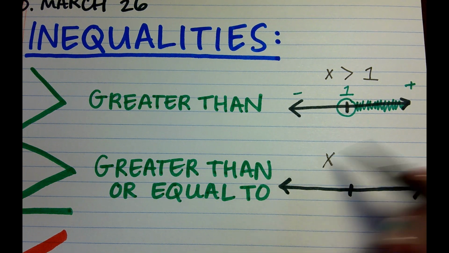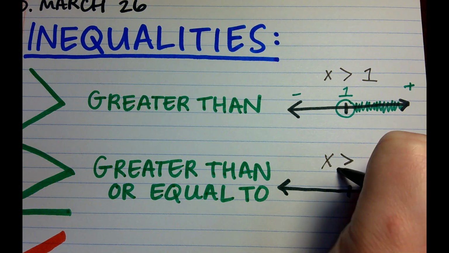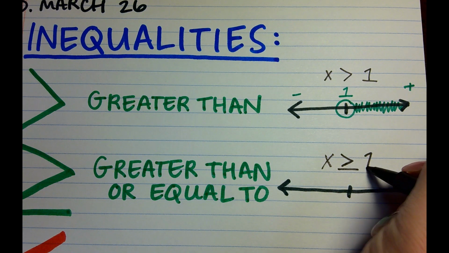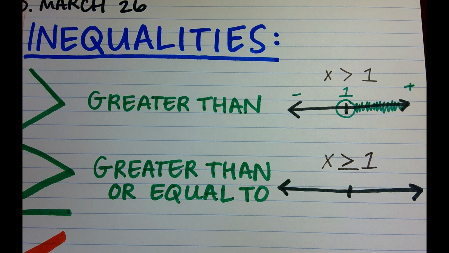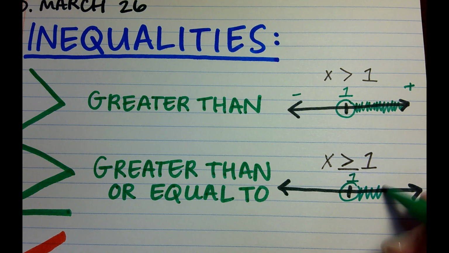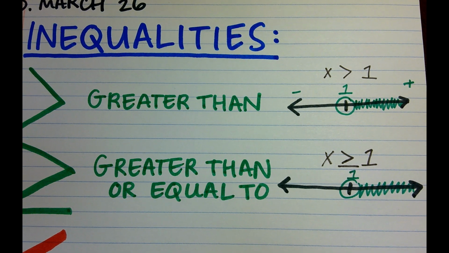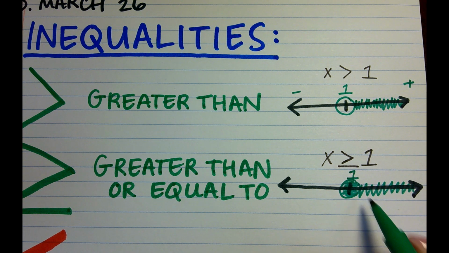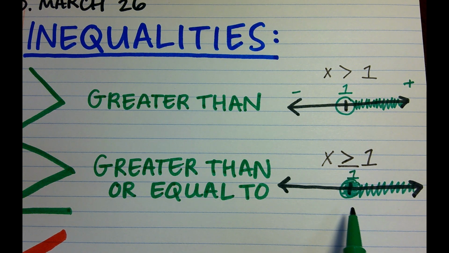So let's talk about then, what if I had X is greater than or equal to 1? Our graph's gonna look almost identical. Let me just go ahead and draw the same graph. But you're gonna color in the circle. Yes, this time we color the circle in. Because why? This is greater than or equal to. It is now including 1.